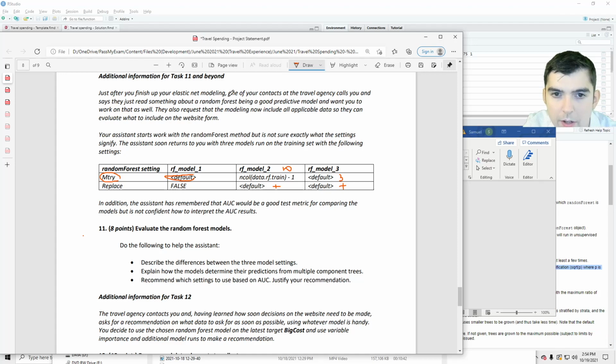One of your contacts from your travel agency calls you and says that they just read something about a random forest being a predictive model. They request the modeling now include all applicable data. Your assistant starts with a random forest and soon returns. So you're talking to the assistant there. Do the following to help the assistant.